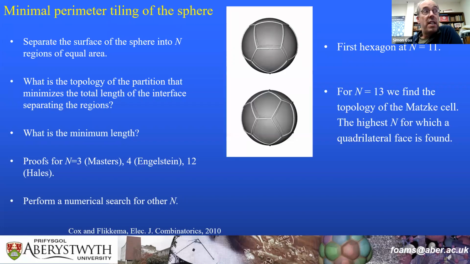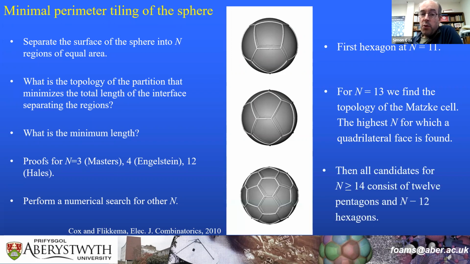For n equals 13, we found the topology of the Matzke cell. Matzke did an experiment on a foam packing, and this was the most common bubble shape that he found in a 3D foam. And beyond n equals 13, we don't see any more quadrilaterals, which means that for 14 and above, everything consists of pentagons and hexagons.